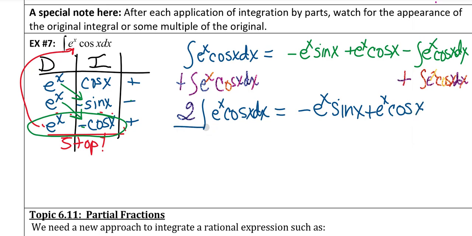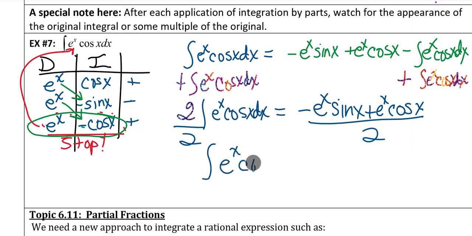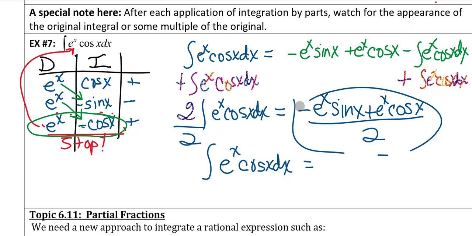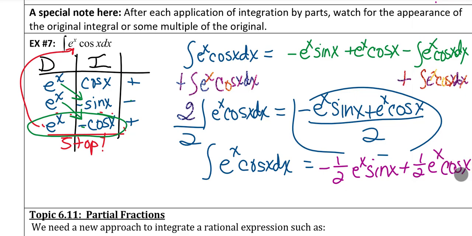And what we can do now is, this is a constant, divide both sides by 2. So we have solved that the integral of e to the x cosine x dx is equal to this algebraic expression right here. If you want, you can leave it like that, or you can rewrite it like this: negative 1/2 e to the x sine x plus 1/2 e to the x cosine x plus c.